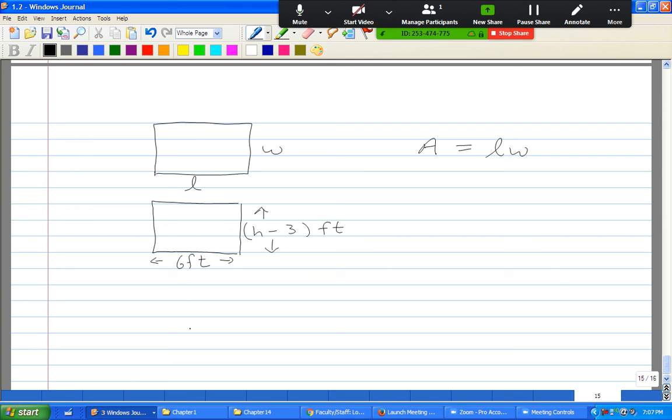Next, the area of a circle of radius r is pi r squared.